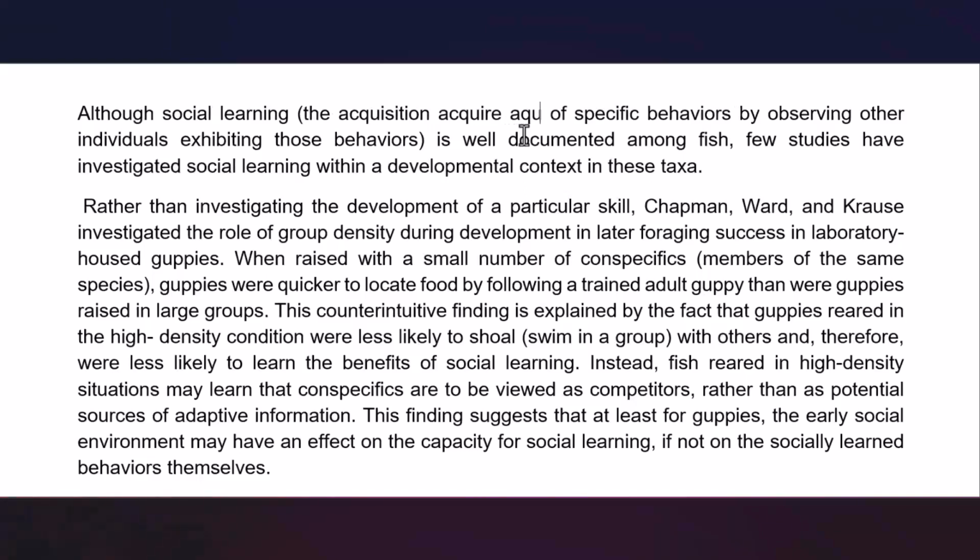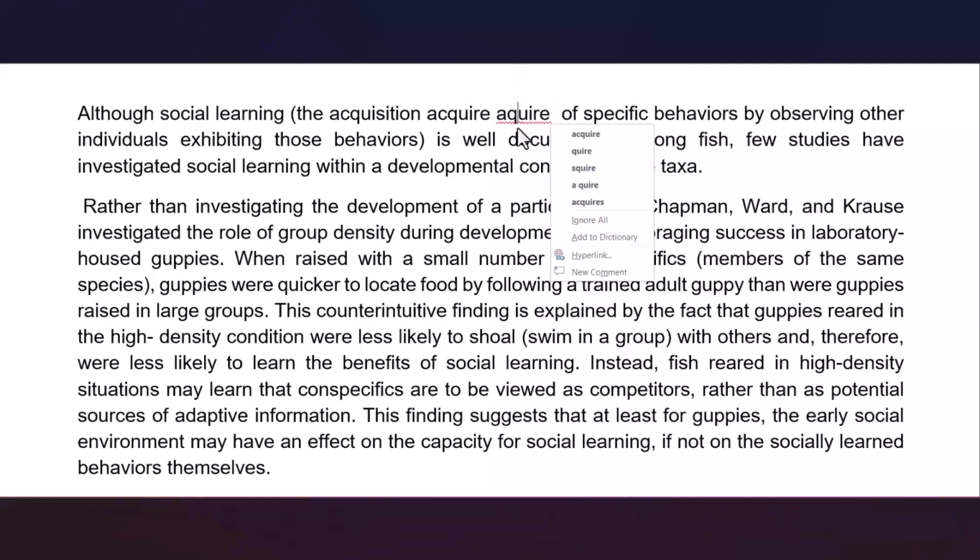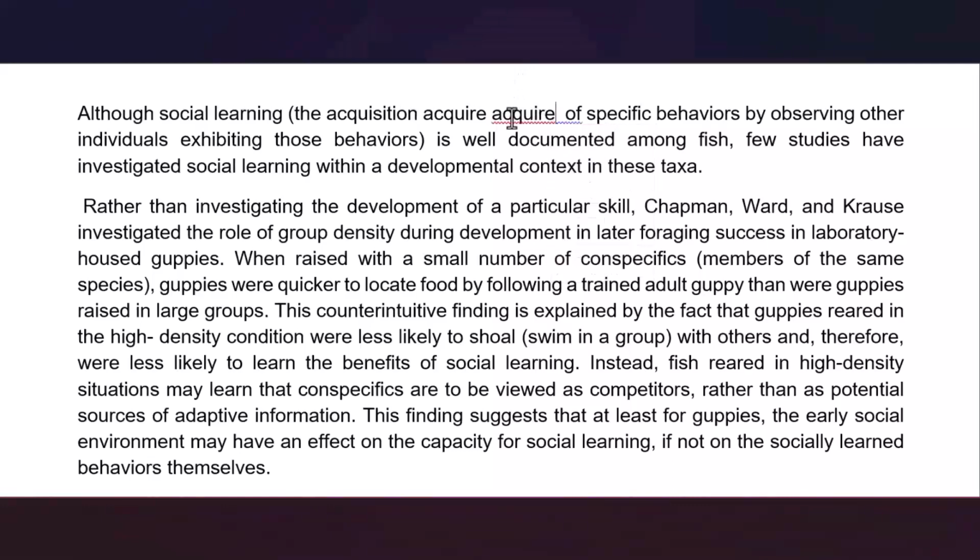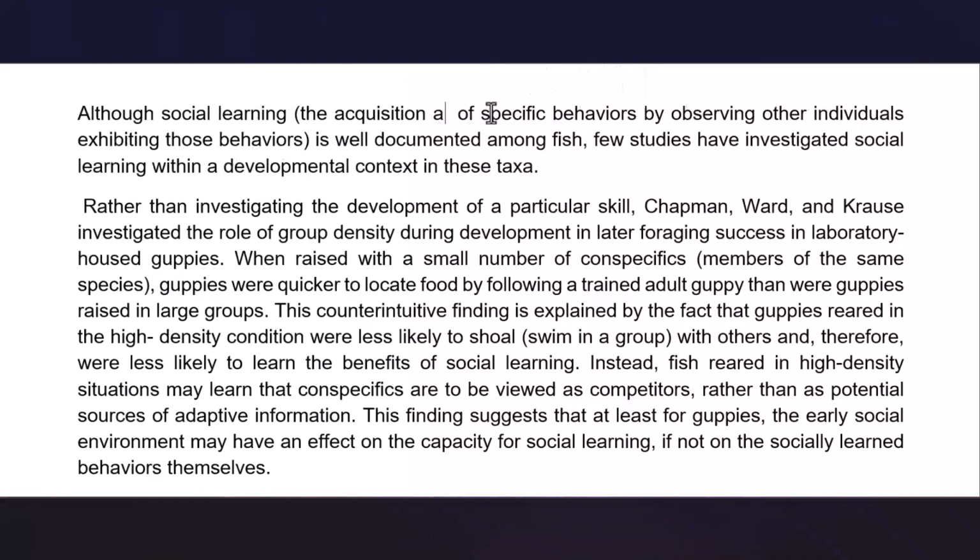Don't write it in this way, aquire, because it is incorrect. And when you write acquisition, again, please see the c between A and Q. Exhibit here means show, demonstrate.